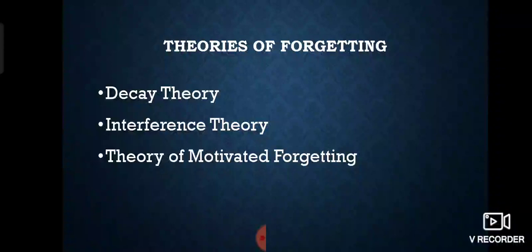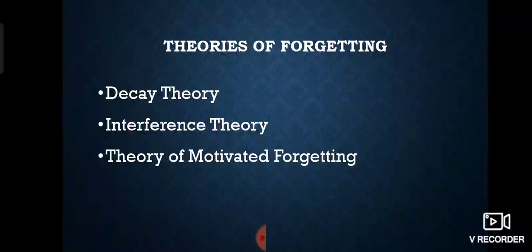The other one is interference theory. This states that forgetting occurs dahil other items get in the way in the process of remembering the information, or may nag-interfere per se. So, interference could be retroactive or proactive.